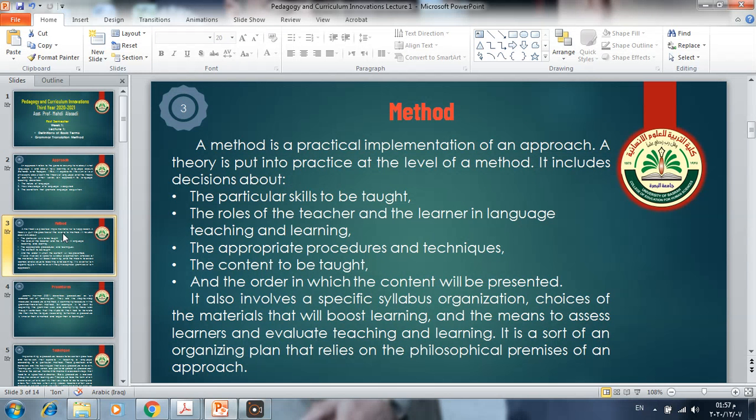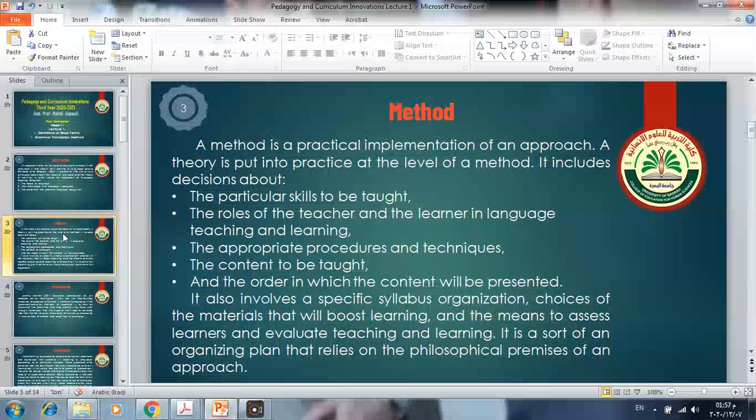The second term that we need to know about is method. A method is a practical implementation of an approach. So it is the practical implementation, application of the approach.